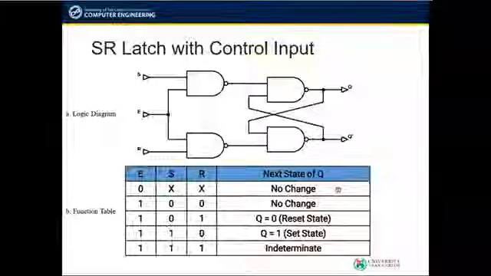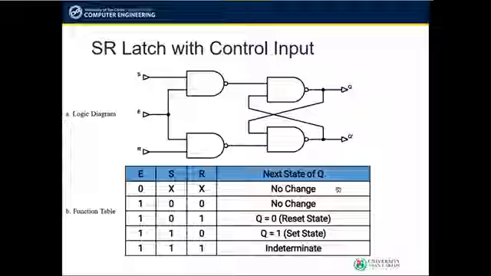The behavior will simply perform a no change operation since the circuit is disabled. However, when E is 1, as shown here, the circuit is now enabled. The circuit will simply perform the natural behavior of an SR latch as discussed earlier and can be seen here in this part of the function table.